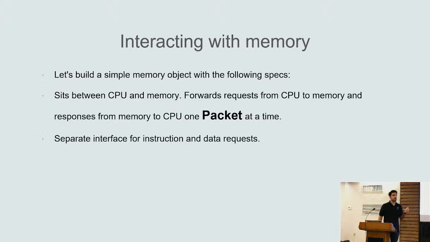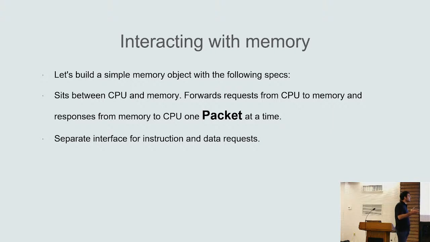So let's start creating a little bit more complicated SimObject. This SimObject is actually going to interact with the memory. This is one very interesting part of gem5, and it's really important that our SimObjects can do that.